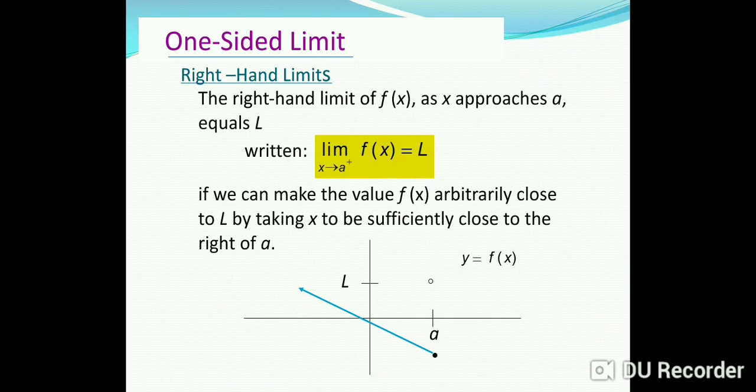Next, one-sided limit. There are two types of one-sided limit. First is the right hand limit and second is the left hand limit. First we will see the right hand limit.